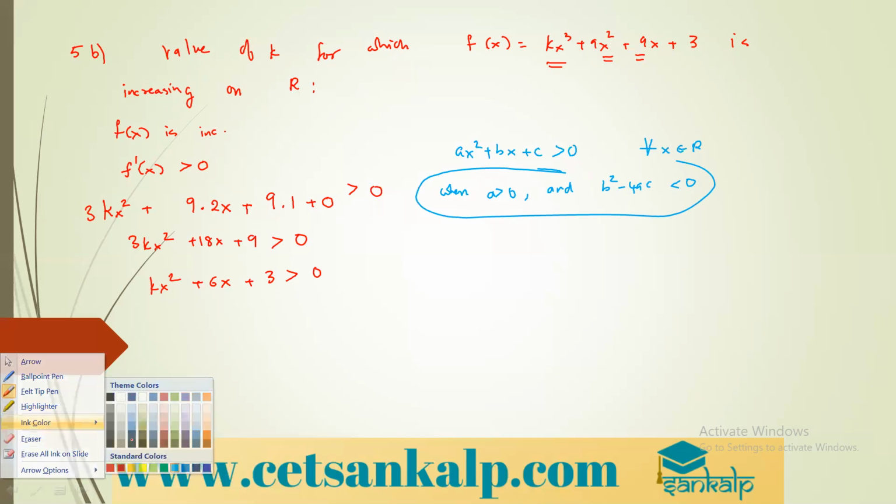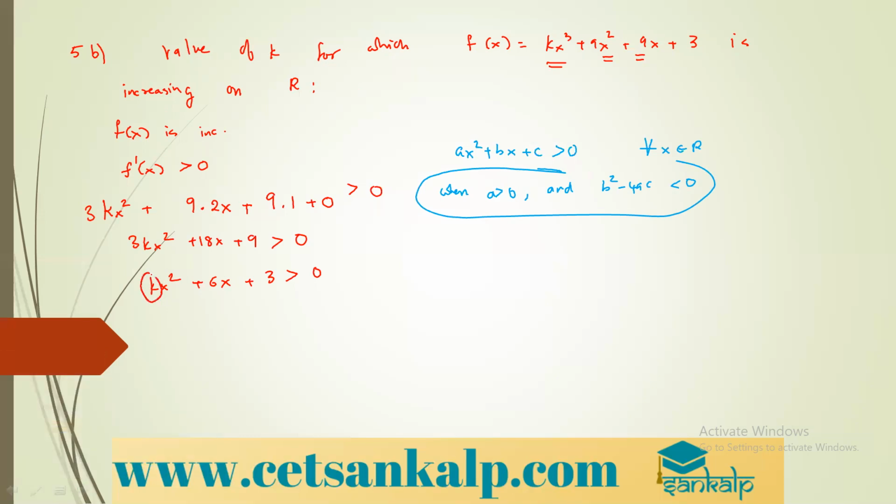So here for a, we will consider k greater than 0. And then we will find b square minus 4ac. B square minus 4ac is 36 minus 12k.